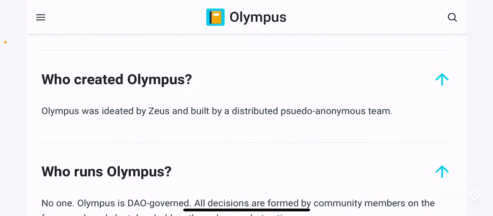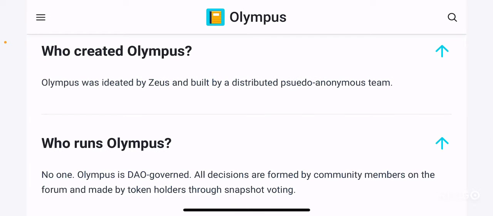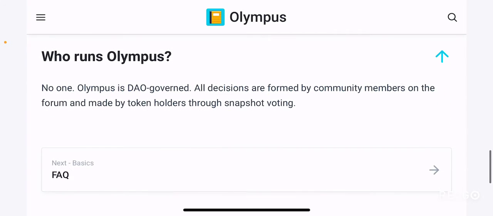Who created Olympus? Olympus was ideated by Zeus and built by a distributed pseudo-anonymous team. So again, the team is anonymous in this case, so it shouldn't be a big concern for everyone, because there are several anonymous developers who have built successful projects in the past. Who runs Olympus? No one. Olympus is a DAO governed project.